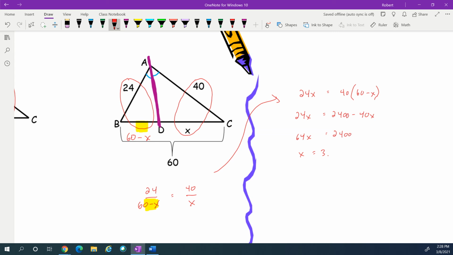Big difference. I am having some challenges here. 2400 divided by 64 is 37.5. So x is 37.5.